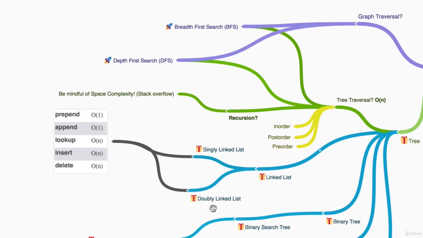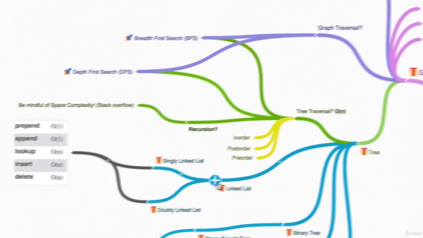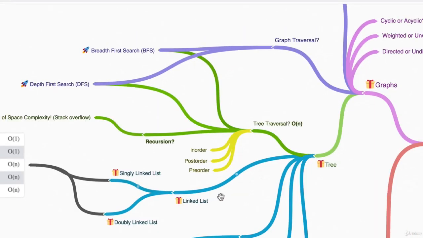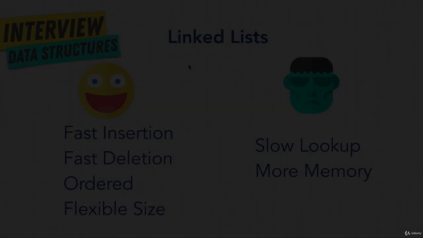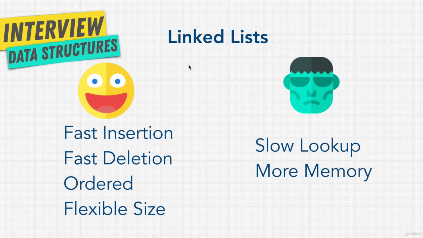Our singly and doubly linked lists with their big O notation. And just a hint here, as you can see, linked lists are related to something we're going to talk about coming up. That is trees and graphs. But at the end of the day, we've just managed to add another data structure to our tool belt as engineers.